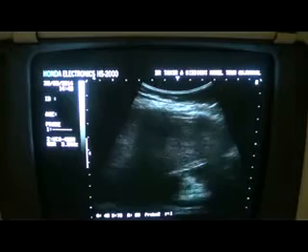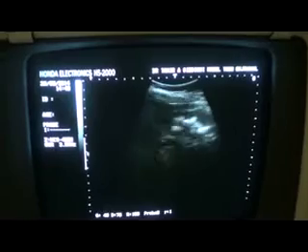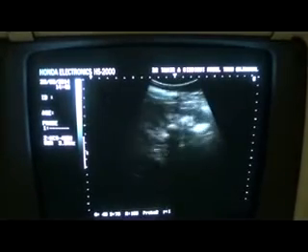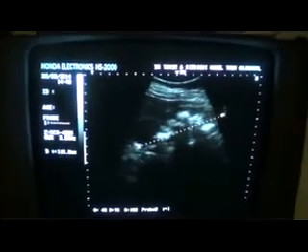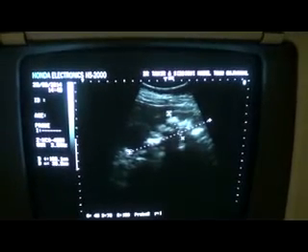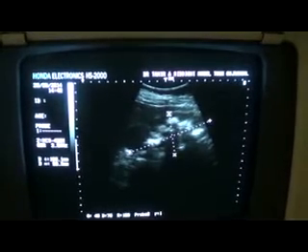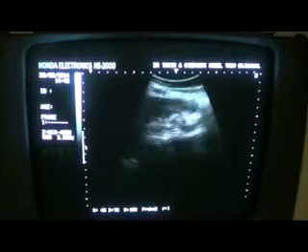Now we did not measure the right kidney, so let's measure this kidney to see if it is normal in diameter. Here we are. Pole to pole approximately 10.8, anterior posterior diameter is 4.9, normal in dimensions.